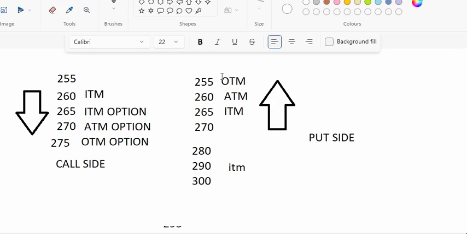If it is out of the money option at the end of the month, it will become zero. Whatever the price will be down, because it decays. The time decays the value every day.